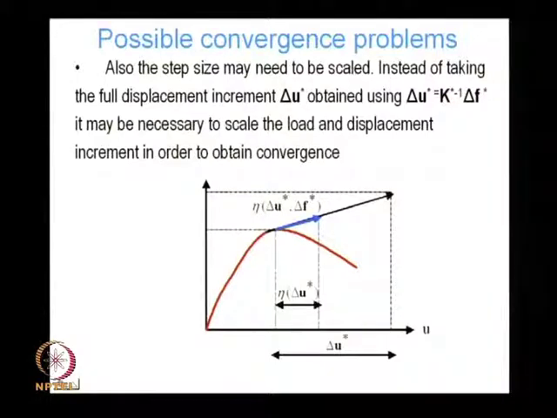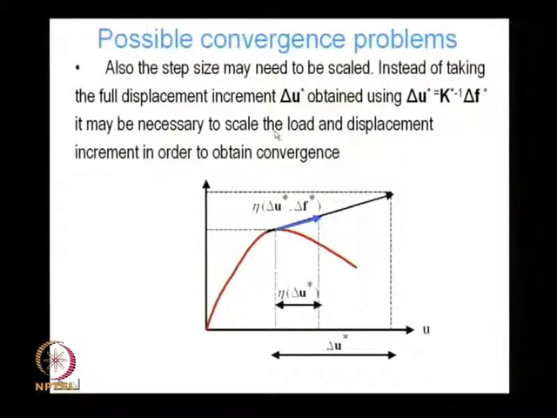The step size may need to be scaled. Instead of taking the full displacement increment delta u star, obtained using delta u star equals k star inverse times delta f star, where delta f star is this little part and k star is the slope here, it may be necessary to scale the load and displacement increment in order to obtain convergence.